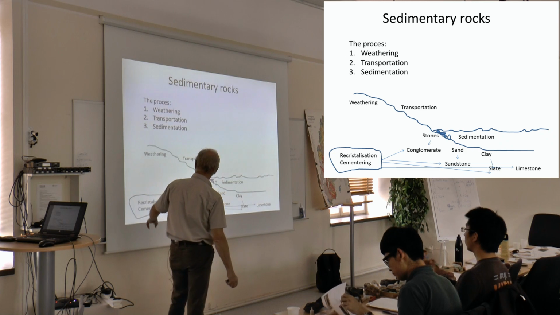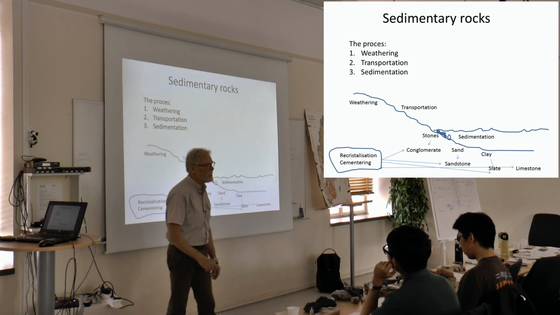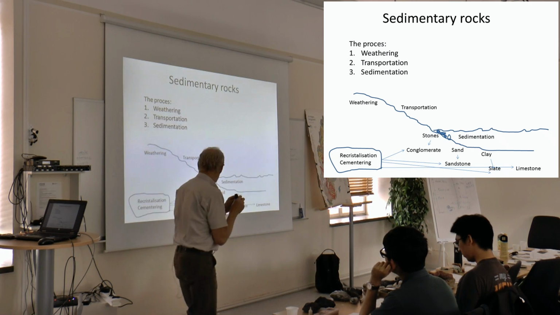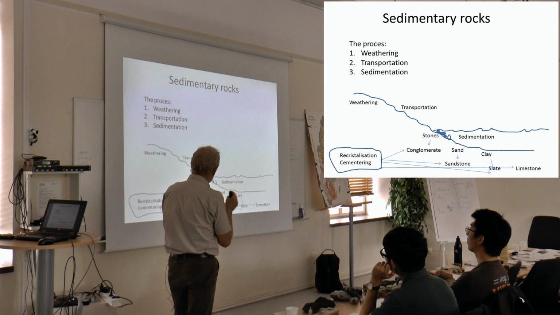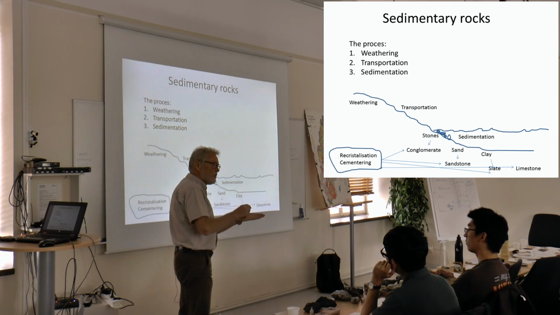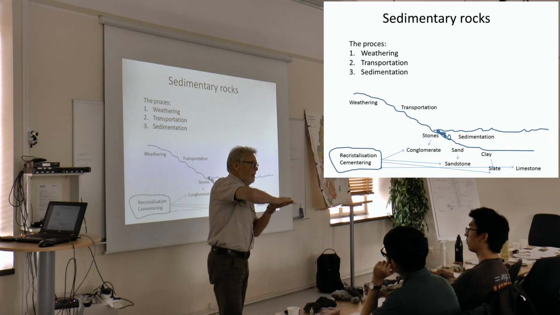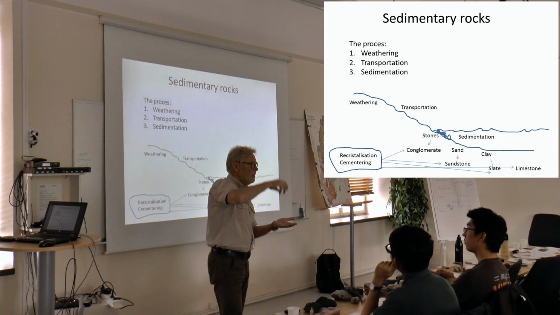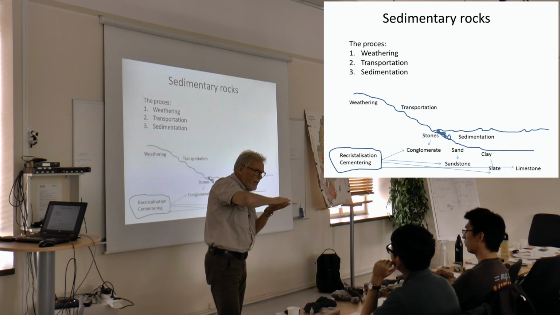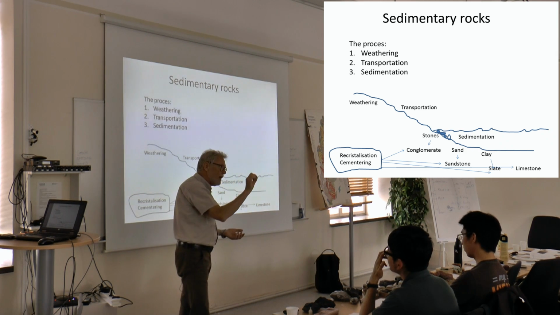So it can be what we call recrystallization, or it can be a cementation, to put it together, because it's sand. It's just sand, and you have a pressure on the sand, and if you unload it, it will still be sand, unless you have some small particles in between the sandy grains.